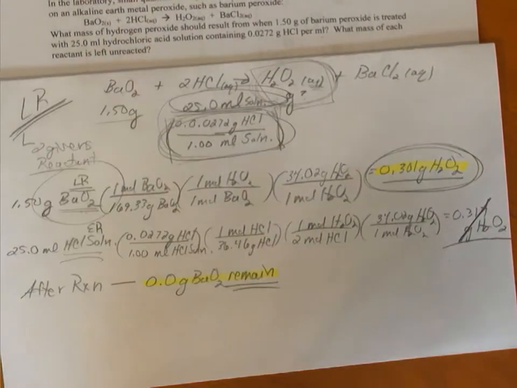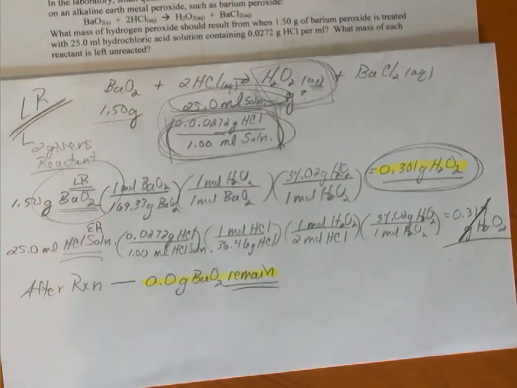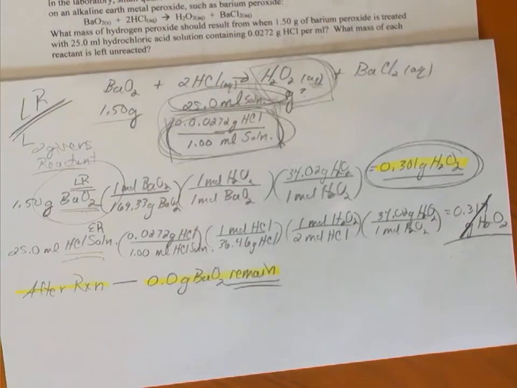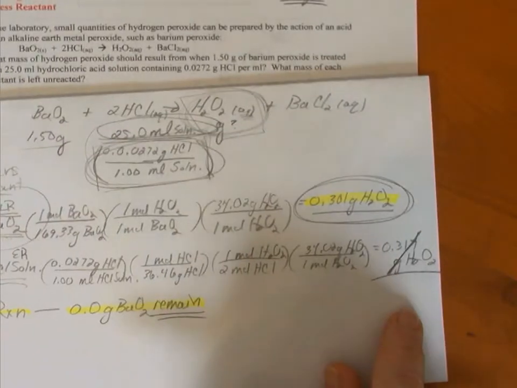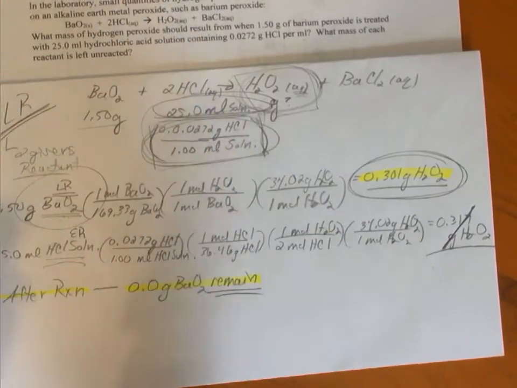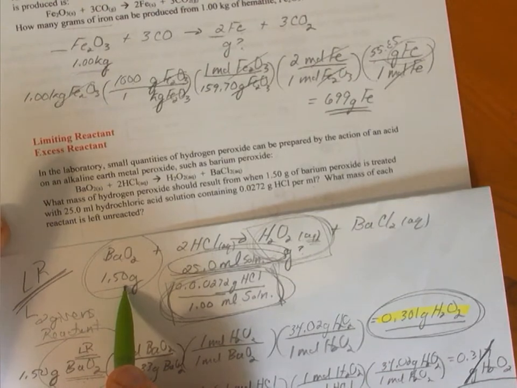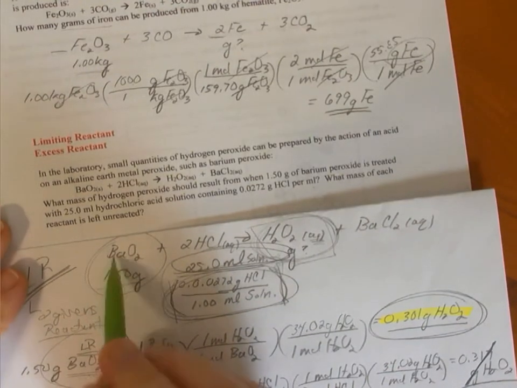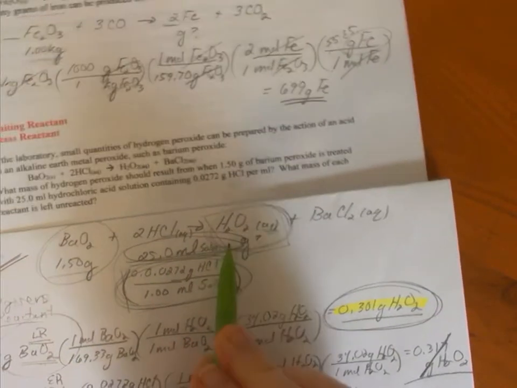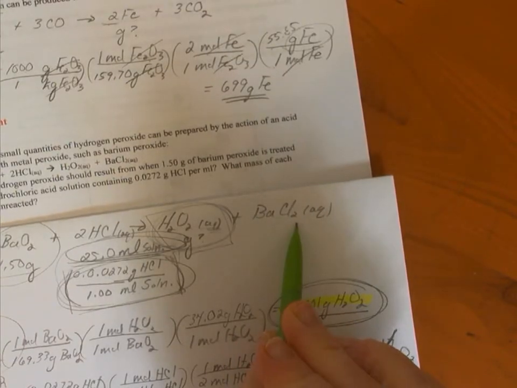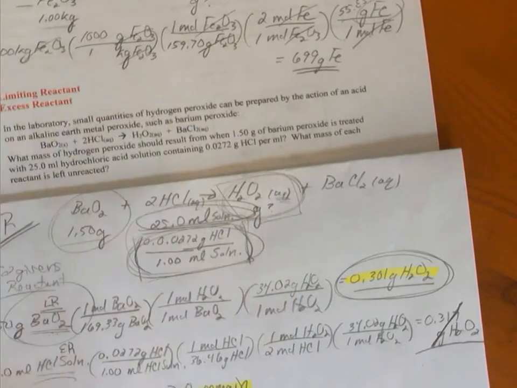Okay, then what do we do to find how much of the hydrogen peroxide remains? I'm sorry, of the hydrochloric acid remains. All right, my suggestion, whatever is limiting is in control. This barium peroxide determines the amount of H2O2 that's made, the amount of barium chloride that's made, but also the amount of HCl that reacts.